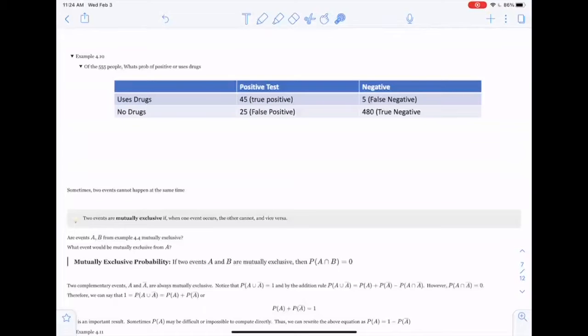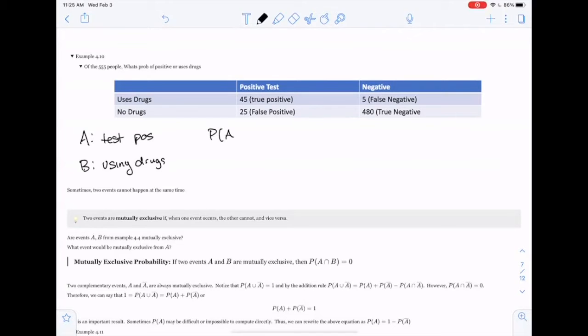So in this case, I want to know the probability that a randomly selected person either tests positive or uses these illicit substances. So we can let A be the event of testing positive and B be the event of using drugs.